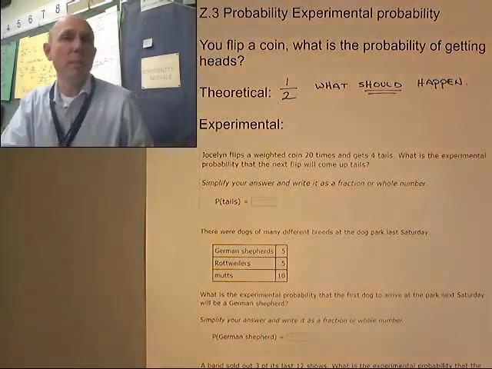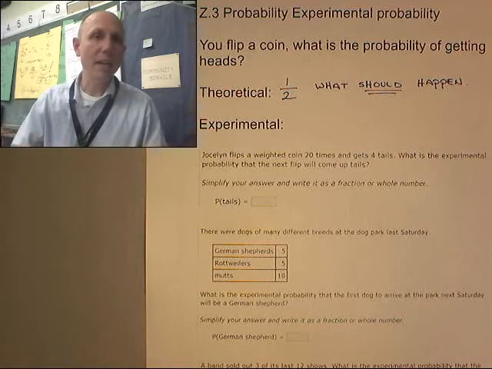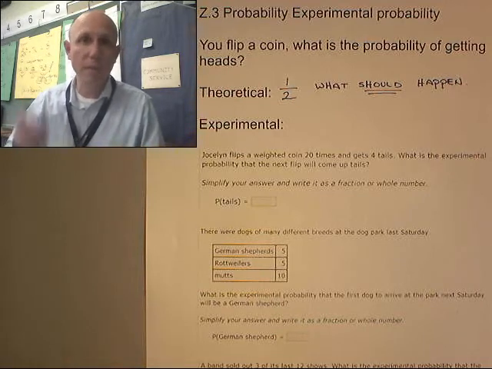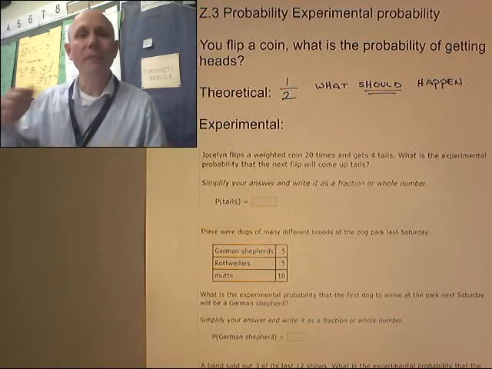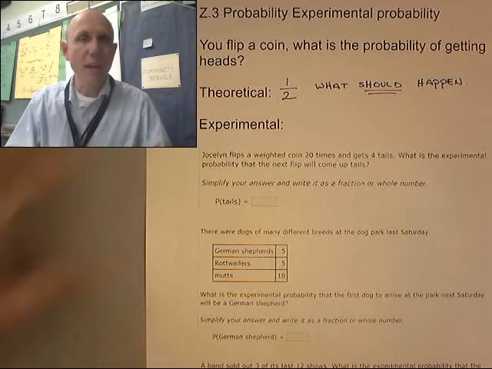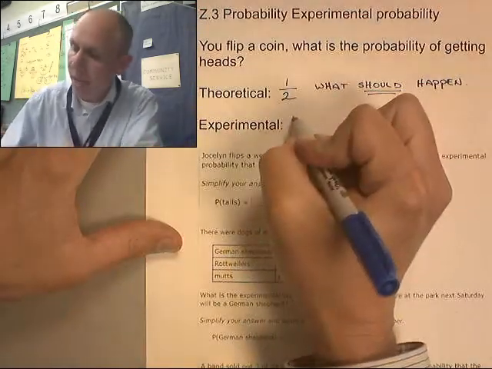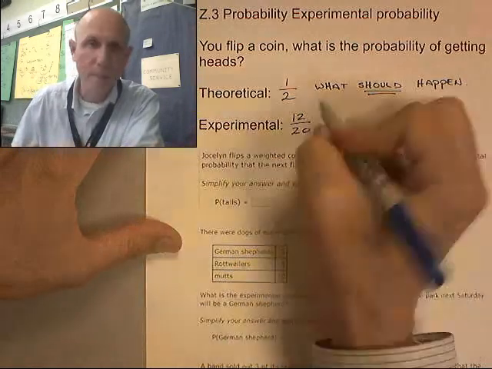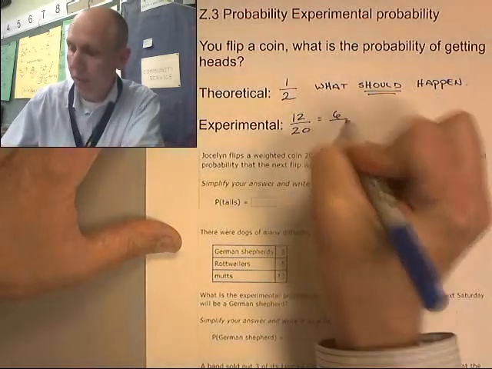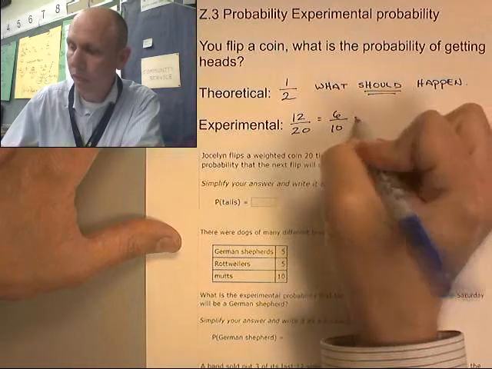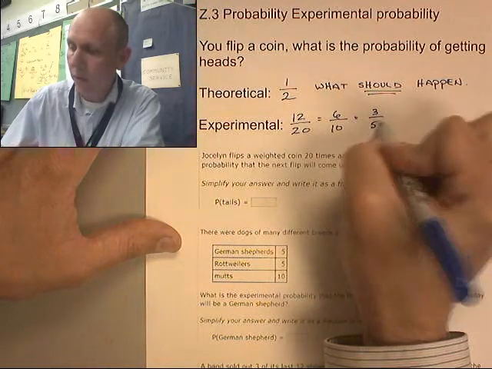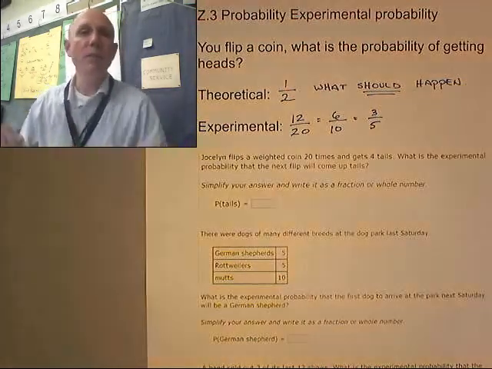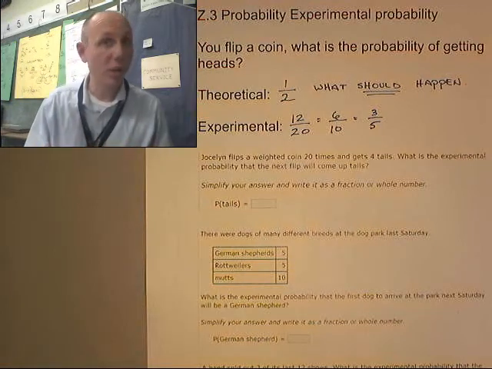The experimental probability is that I actually get out here with a coin and I start flipping a coin, flipping a coin, flipping a coin. I flip it 20 times. And of those 20 times, I end up with 12 out of 20, which would reduce to what? 6 over 10, or 3/5. So the experimental is what actually occurs.